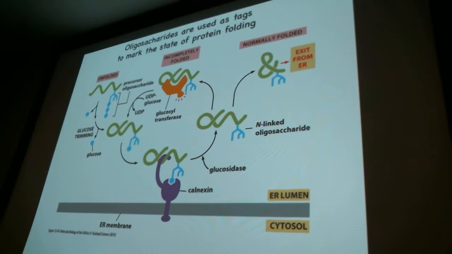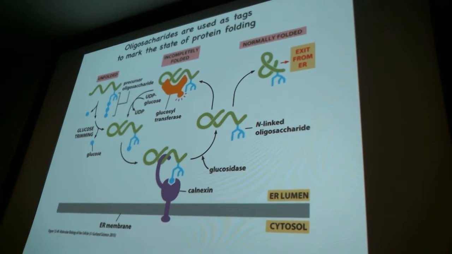So it's like an assembly line, right? And this means that the glucosyltransferase is basically the quality control. So if this protein is not looking right, it looks like it needs a sugar again, it just takes it over and does it again. And the proteins that are properly folded with their carbohydrate really in the right place are allowed to travel outside of the ER.